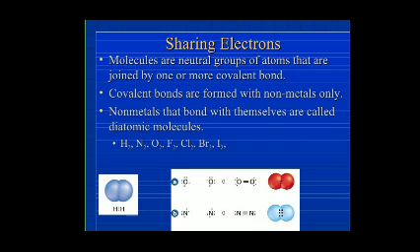Second one is nitrogen. Nitrogen's electronic configuration is 1s2, 2s2, 2p3. In the valence shell, there is one pair of electrons and three unpaired electrons. In its valency shell there are 5 electrons, and it requires 3 more electrons to get a stable electronic configuration.